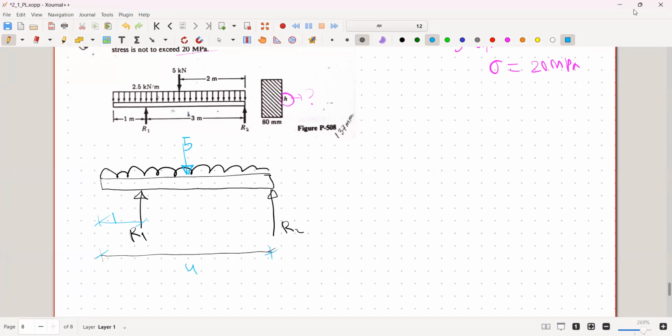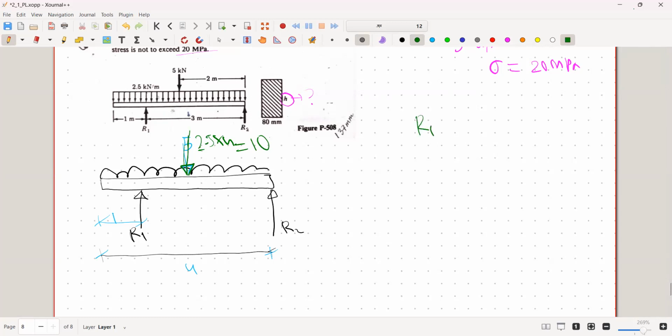5 Newton, and with the length you can get on the same point because 2.5, which is 5.0.